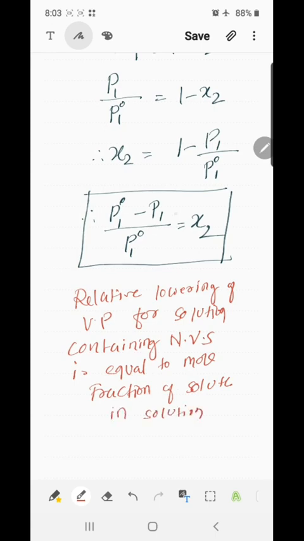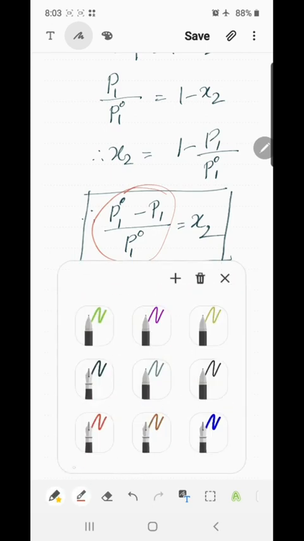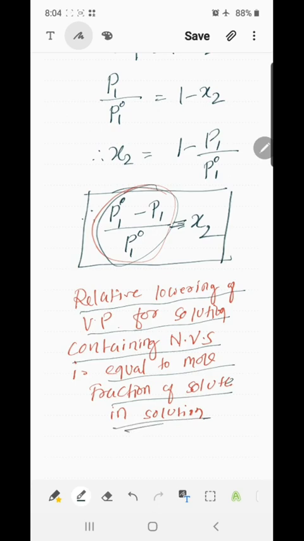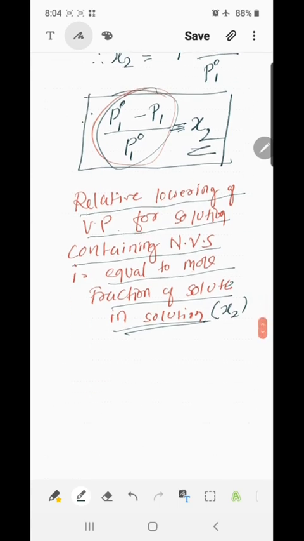So class, what we have written mathematically, we have expressed as relative lowering of vapor pressure for solution containing non-volatile solute. You can see here, this term is equal to mole fraction of solute in solution. Mole fraction of solute in solution has the symbol x2, so it is x2 over here. So (P01 minus P1) upon P01 is equal to x2.